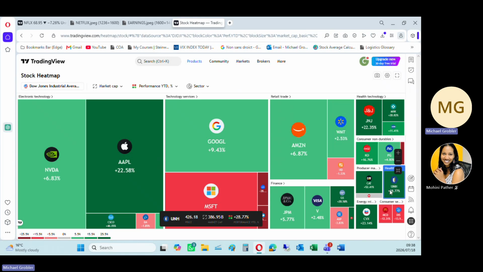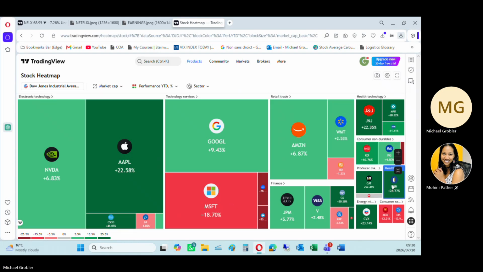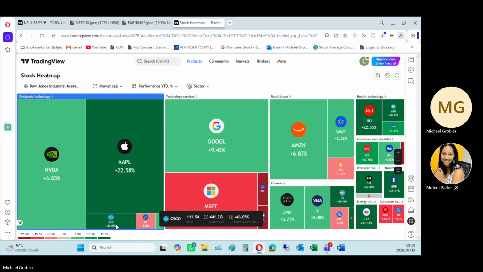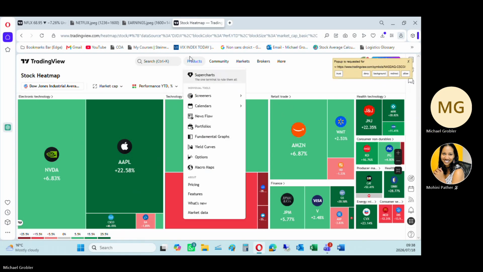United Health had a great year, and it also had a decent second half of last year. It's had a couple of rallies, but here we can see, with the exception of Cisco, is it Costco or Cisco? Let's look.